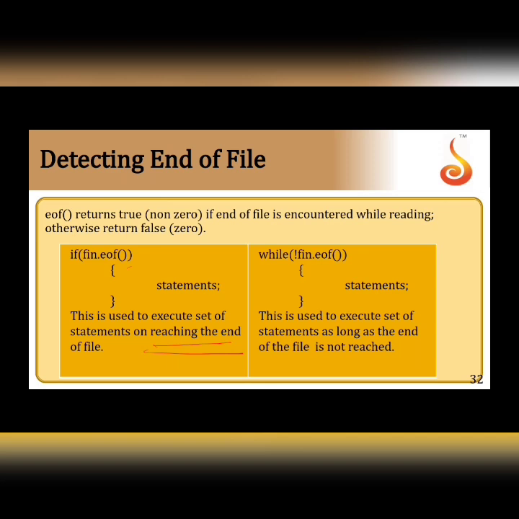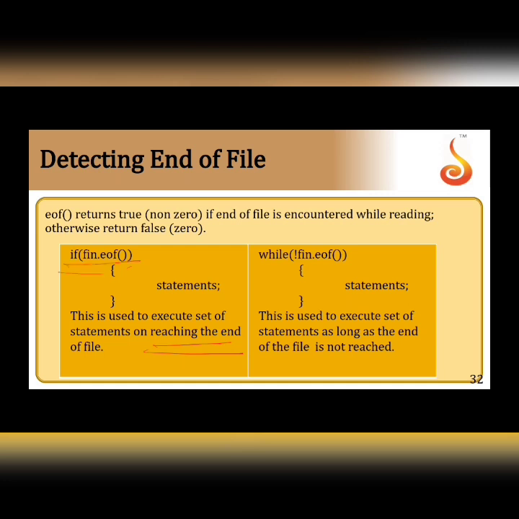If it is equal to end of file, you will get your true value. True is nothing but a non-zero value. Zero means false, right? So here only when this is true, that is when it reaches the end of file, then a set of statements you can write which you need to execute.